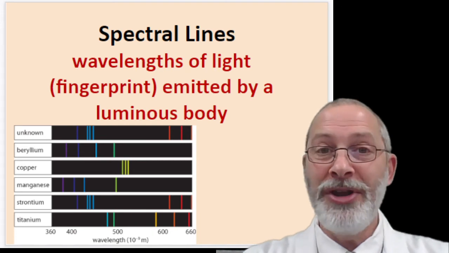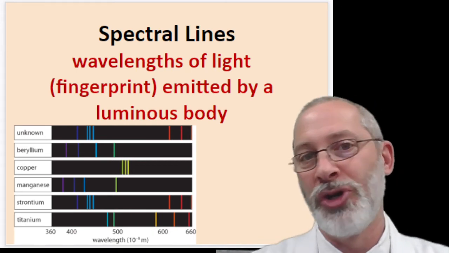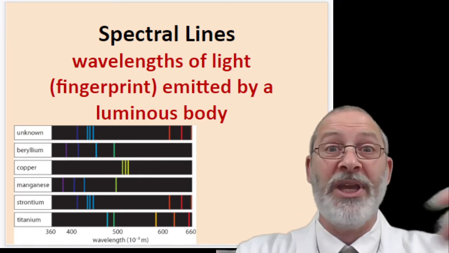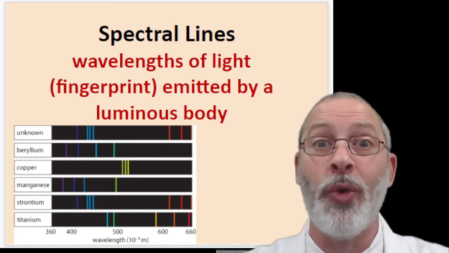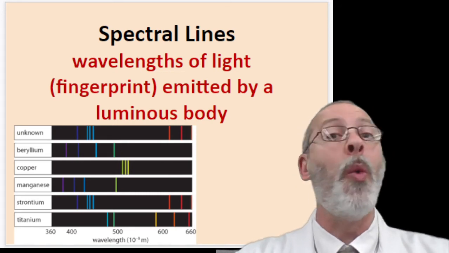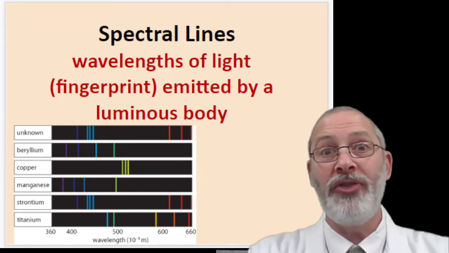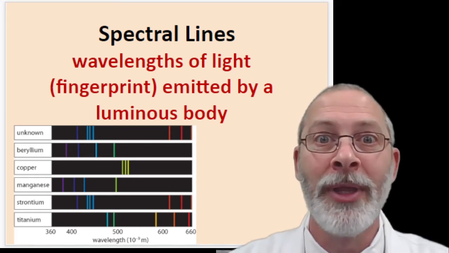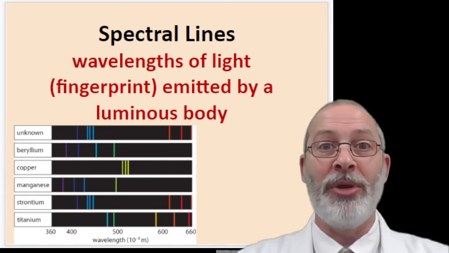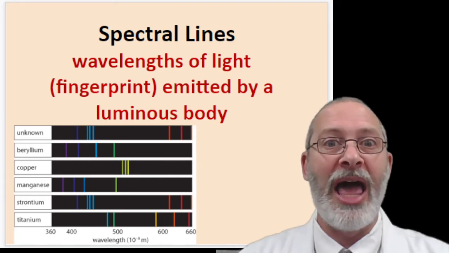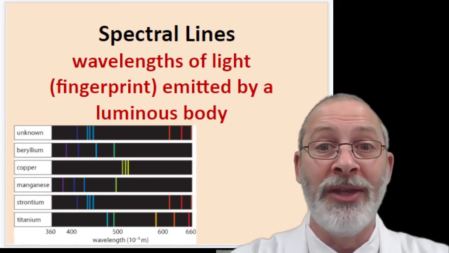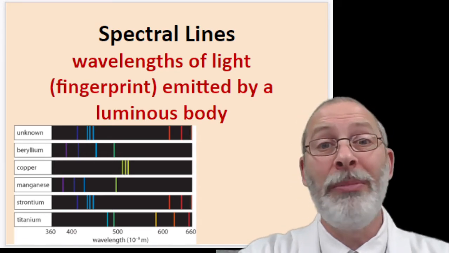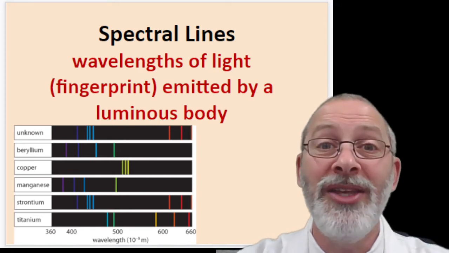Have you ever wondered, how in the world do astronomers know what a star is made up of that's billions and trillions of miles away from us, and there's no way that we can possibly go there and get a sample from it, bring it back, and analyze it in the lab? We don't have to, because we've already done lab analysis with different elements using spectral lines, and all we need to be able to do is see the star with a telescope.